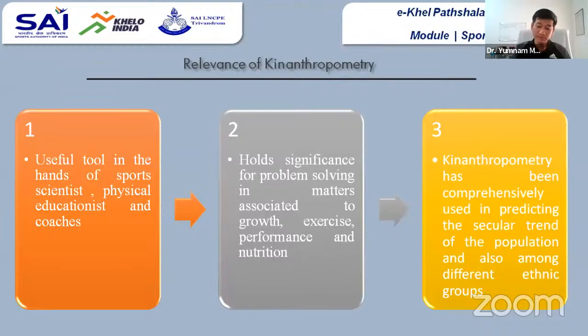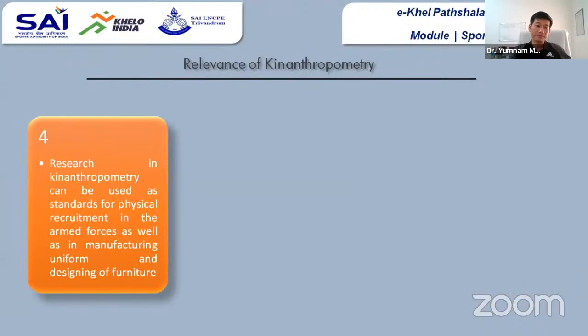Secular trend means generation to generation there is some change in the height and weight of the population. Ethnic groups, that means according to different ethnicities, the changes that are coming can also be studied. And then research in kinanthropometry can be used as a standard for physical recruitment in the armed forces as well as manufacturing uniforms and designing furniture, which has been discussed.